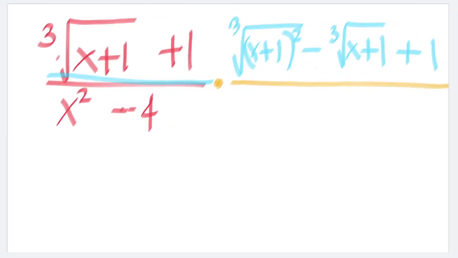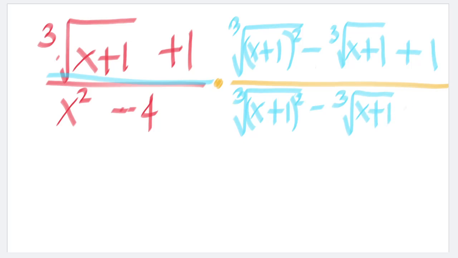To not alter the original equation, you also copy this at the denominator so that nothing changes in the original equation.